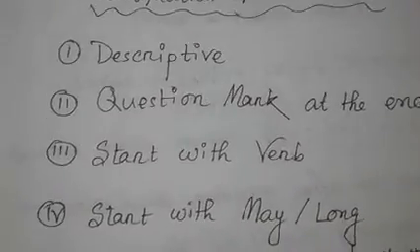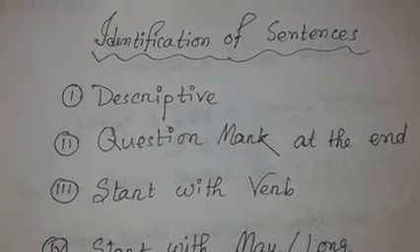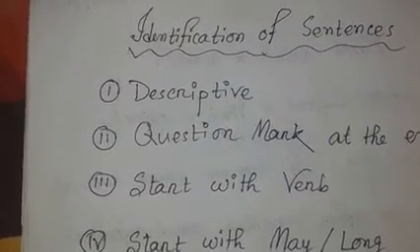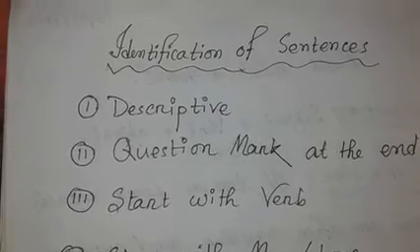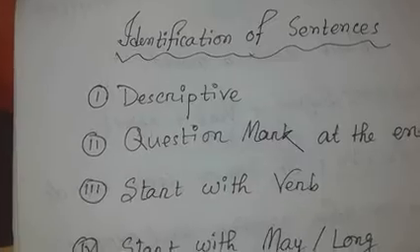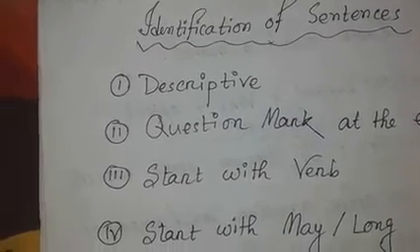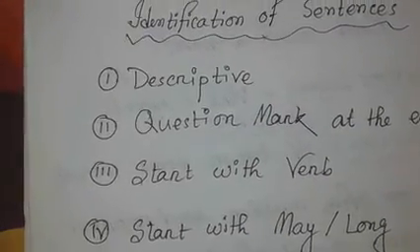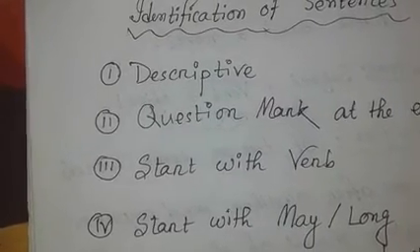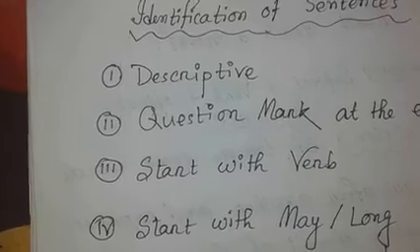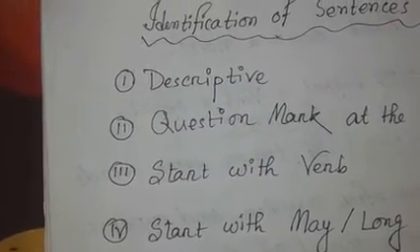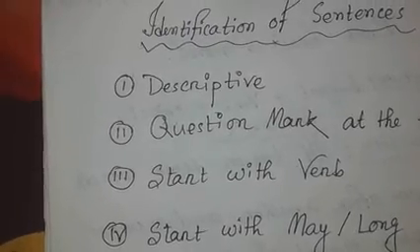That means if a sentence describes something, somebody, or some events, it is called an assertive sentence. The main focus is whether the sentence is describing anything. If any sentence describes anything, it must be an assertive sentence. Got it? So assertive sentence means descriptive sentence.